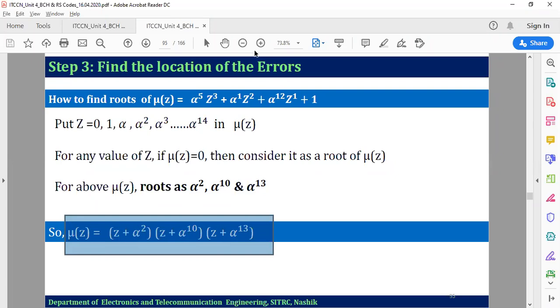Write this down. This is a slightly different portion from the error locator polynomial having degree 2. For degree 3, the process is different.